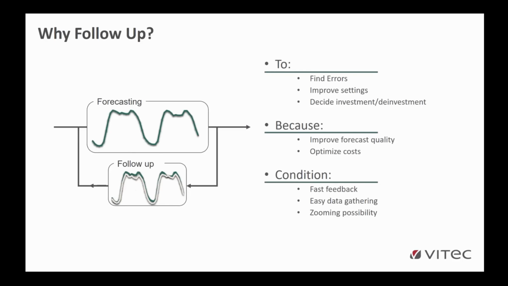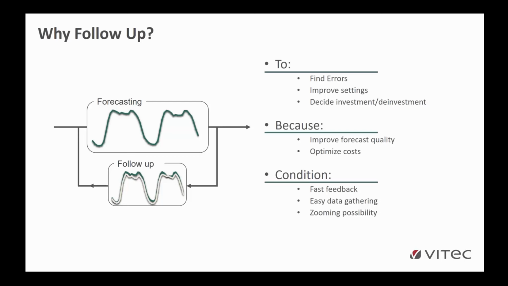So why do we do follow-up? Follow-up is a way of looking at how well you are doing. You're comparing your made forecasts to measured values. We do this to find errors in forecasts, when you have big deviations in forecast accuracy. Why did something happen? Was it because of weather or something else?